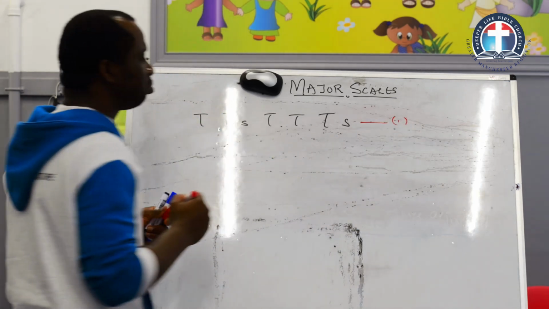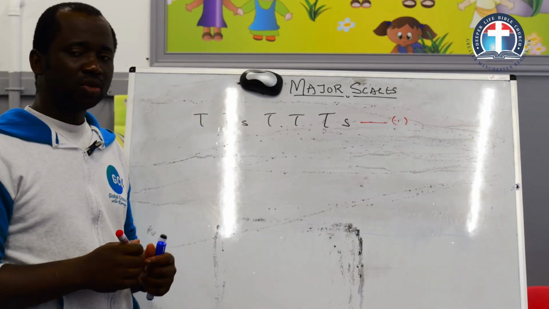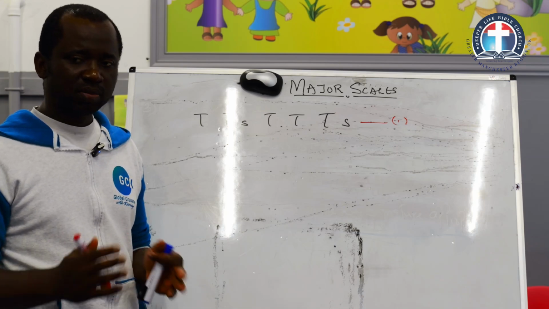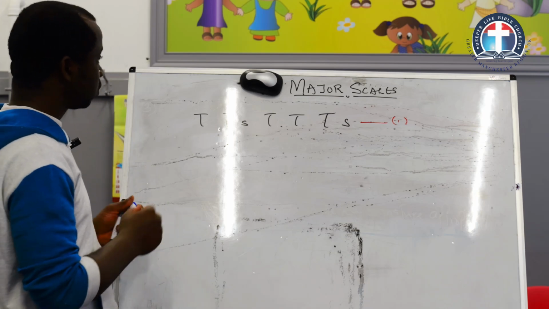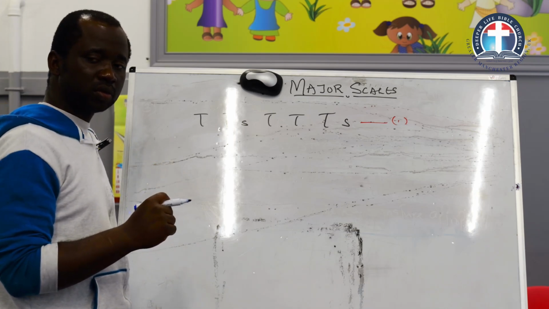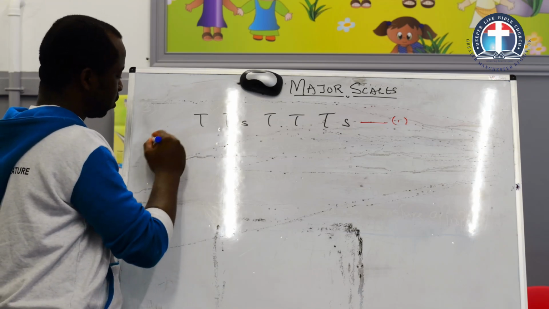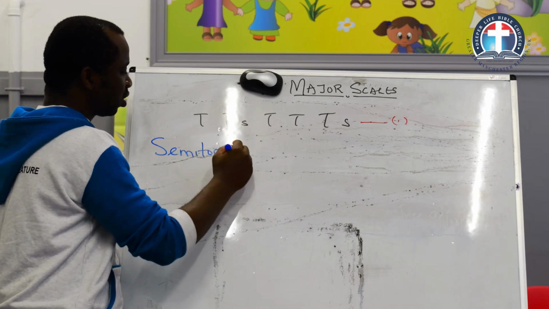So this is fantastic. You could do this. This is one method. But there's another method. Now normally where do you have semitones in the major scale? What positions do the semitones occur? Between what notes? Between the B and C and E and F. No. You're talking about C major.